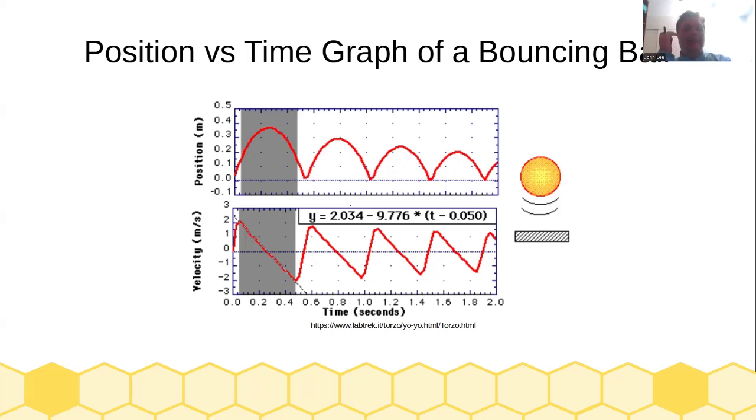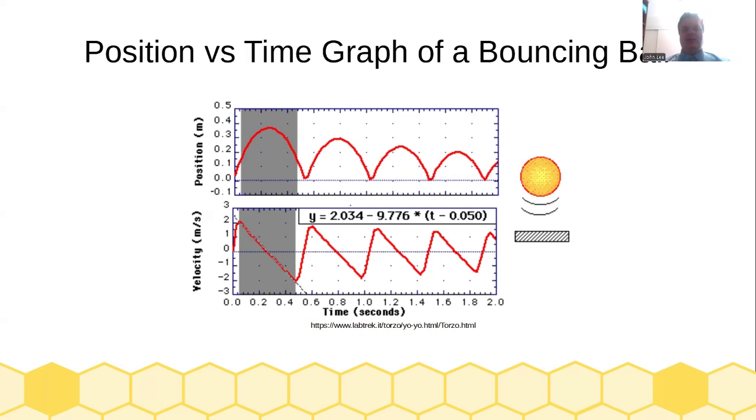But more tellingly, the velocity versus time graph is a straight line, which is definitely what we expect if there's a constant change in velocity over time. Looking at the line of best fit for this velocity versus time graph, we see that the line has a slope of negative 9.776 meters per second squared, which is pretty close to the accepted value of 9.81 meters per second squared.